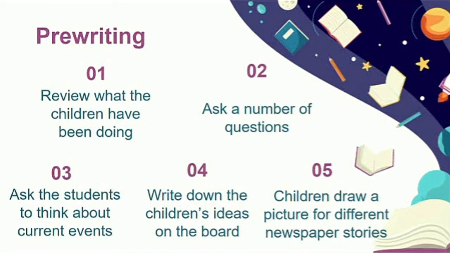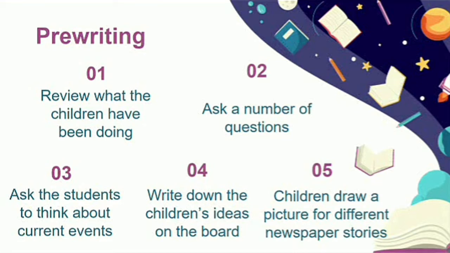For example, writing newspaper articles. First, in doing pre-write, the teacher reviews what the children have been doing related to writing newspaper articles. Then, the teacher asks a number of questions to focus on what they have been doing.